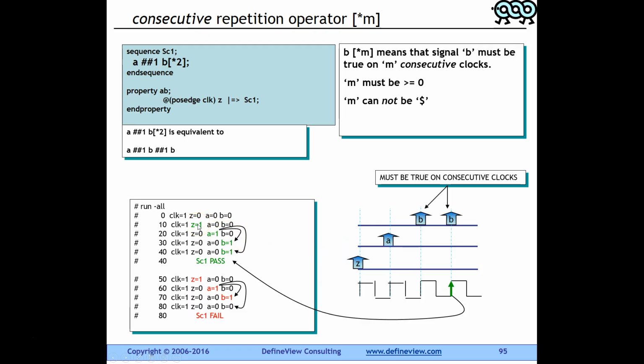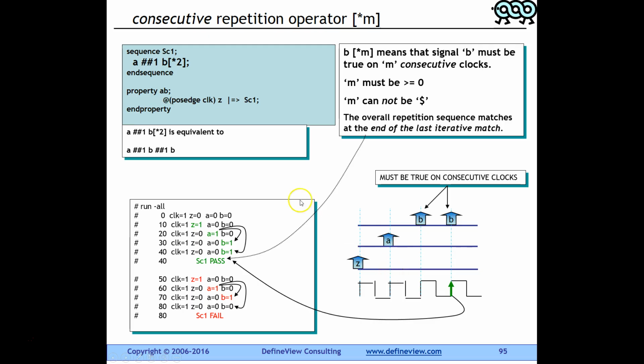Z is true at this clock, A is true at the next clock as required by the non-overlapping operator, and B remains true for two consecutive clocks, and the property passes. In this case, Z is true, next clock A is true, but B does not remain asserted for two consecutive clocks, and the property fails. Very intuitive. That's the consecutive repetition operator.